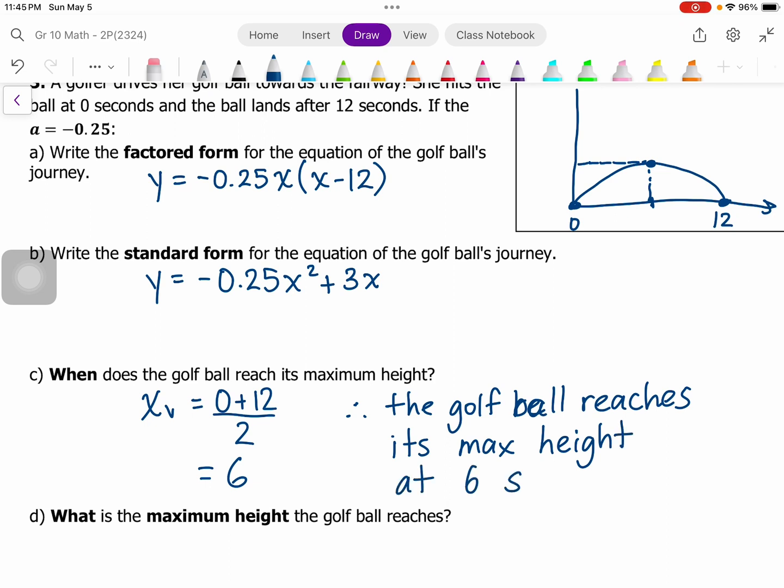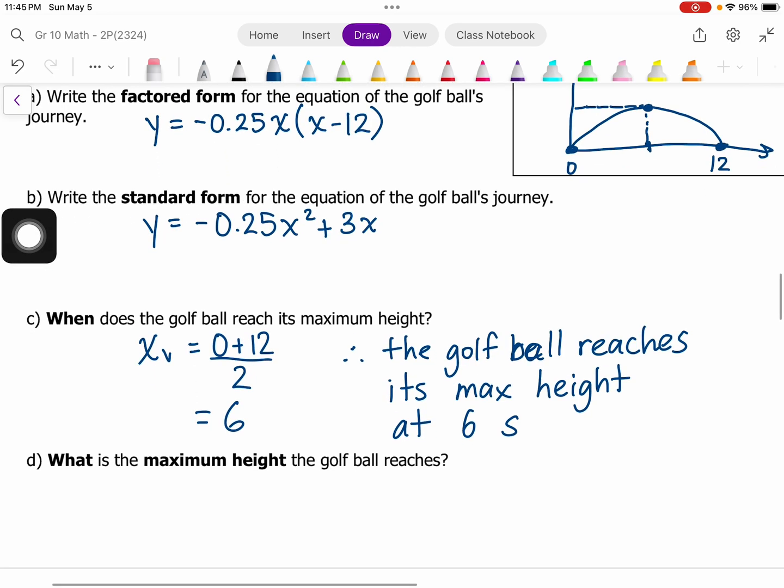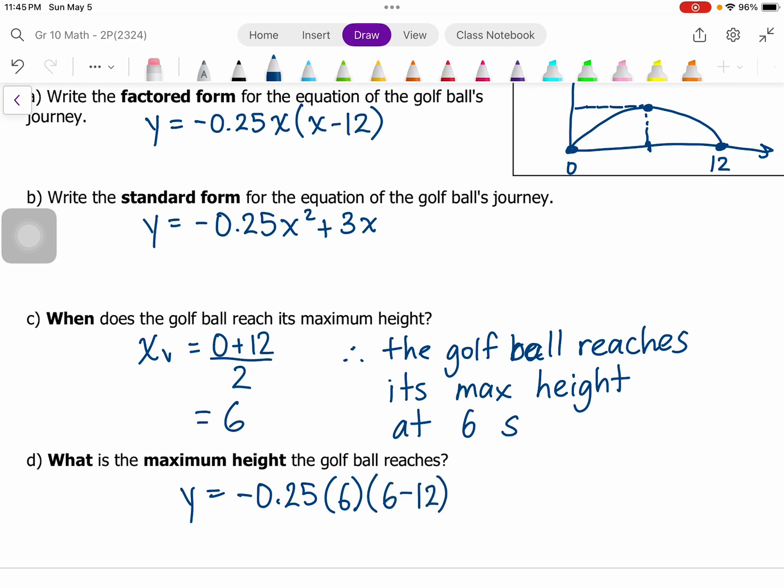Okay, and our last question, what is the maximum height? So this is where we're going to take this 6 and we're going to substitute it into one of those two equations. So y equals negative 0.25 times 6 times 6 minus 12. So 6 minus 12 is negative 6.